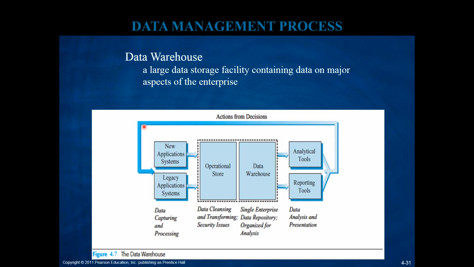Now, this is how the architecture for a data warehouse looks like. Legacy application systems, meaning old systems, and new application systems, they're combined together to create operational store, like this pre-processed data storage. This data is cleaned, let's say errors are corrected, missing values are removed, and then transformed into usable form. And once this data is transformed into usable form, sometimes people call that form information, it's stored in the data warehouse.